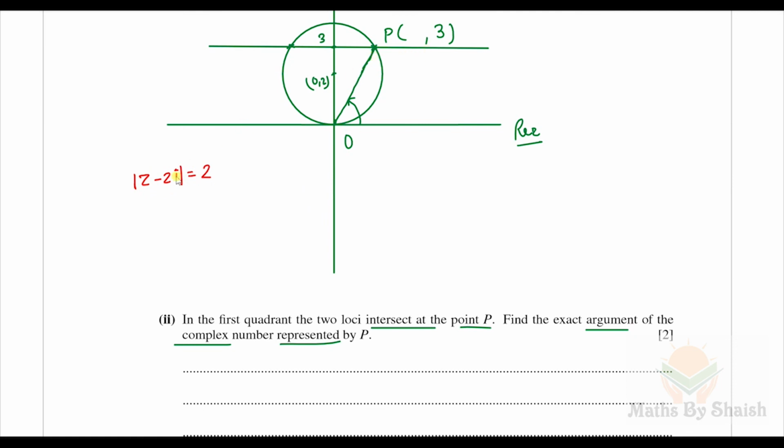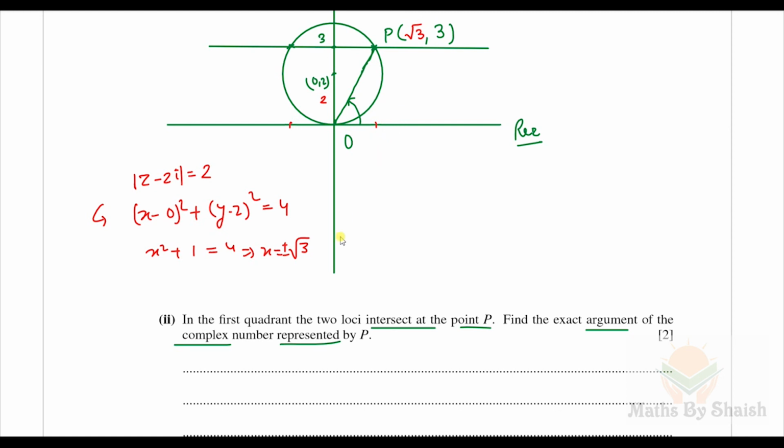We can write the equation in the other form: if we know the radius and center, then it is x minus 0 whole square plus y minus 2 whole square is equal to radius square, that is 4. If we put y is equal to 3 here, we get x square plus (3 minus 2) which is 1, so 1 square is 1, is equal to 4, or we can say x is equal to plus minus root 3. So here would be minus root 3, here would be plus root 3. It means this point is root 3.